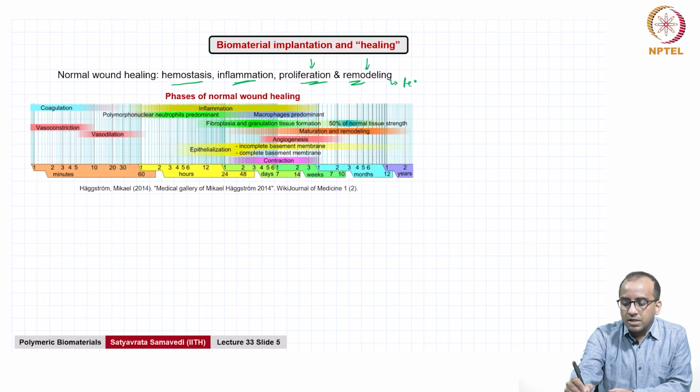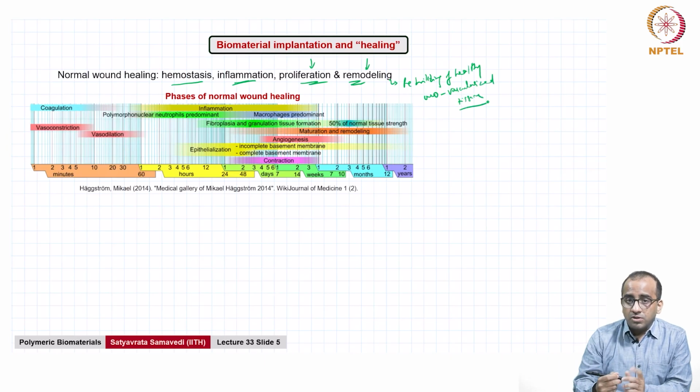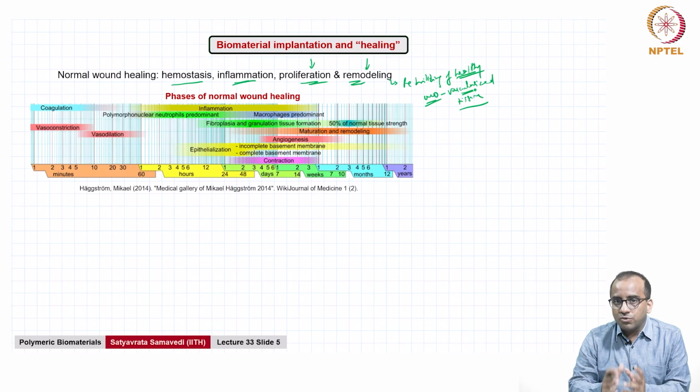Essentially, this is rebuilding of healthy vascularized tissue. All these words are very important. So the tissue that forms eventually, the new tissue that forms, is healthy and is vascularized. So there is enough nutrient and oxygen supply so that the body can go back to its original state, right?